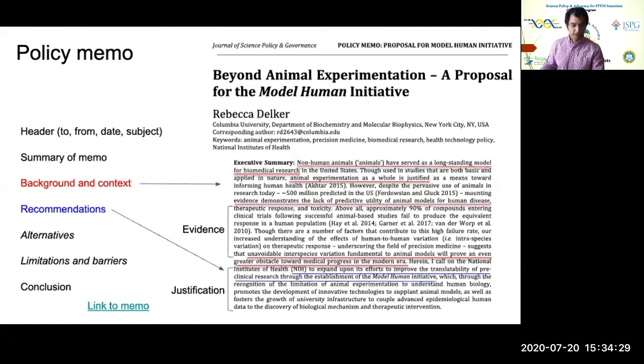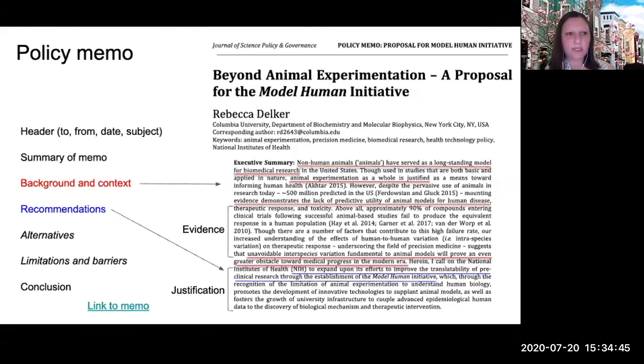There was one question while you were presenting, Adriana: can my audience be all stakeholders, or is it just the policymakers? It can be for different stakeholders, but you would write it differently.